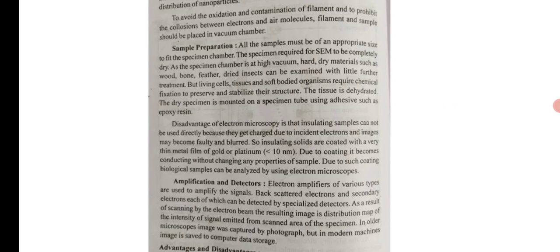To know the size, structure and type of atomic particles. Okay, electron microscopy and its principle. Then next, scanning electron microscopy, construction and working. Advantages and disadvantages of the scanning electron microscope.